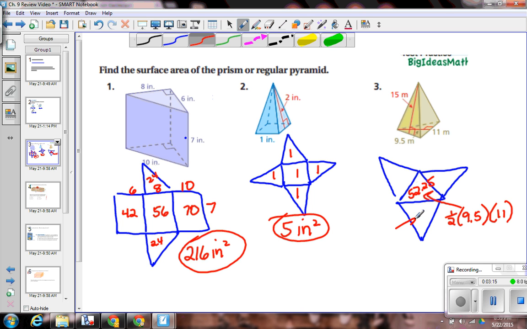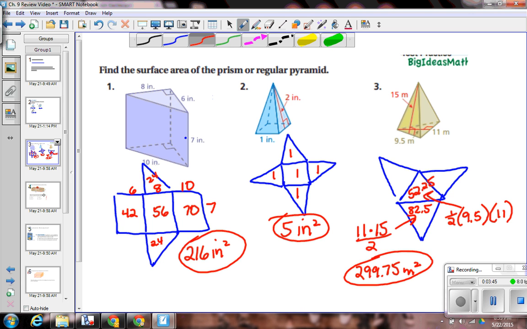And then for each of our lateral faces, we have 1/2 of 11 times 15. So I'm just going to write it divided by 2. So each of those is 82.5. So don't forget to multiply that by 3 and add on the 52.25. And altogether, you have 299.75 meters squared.